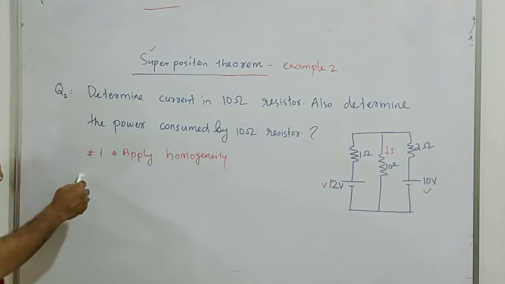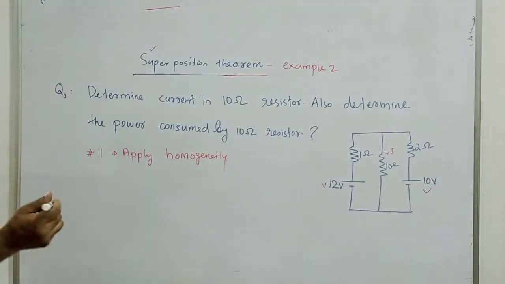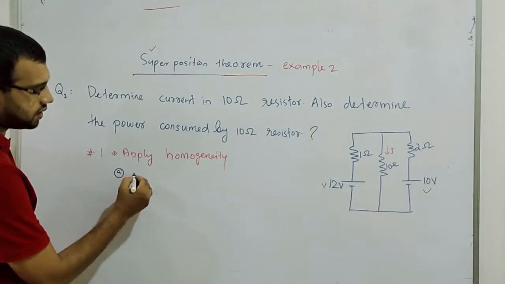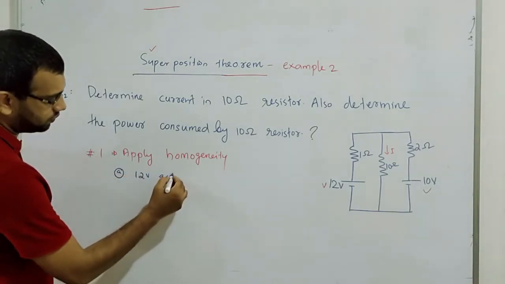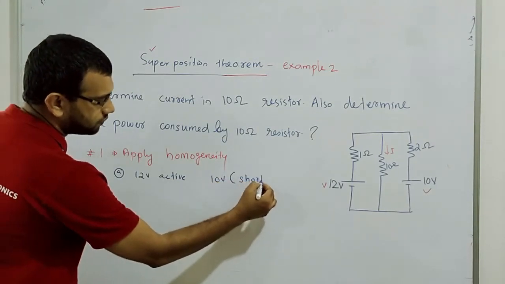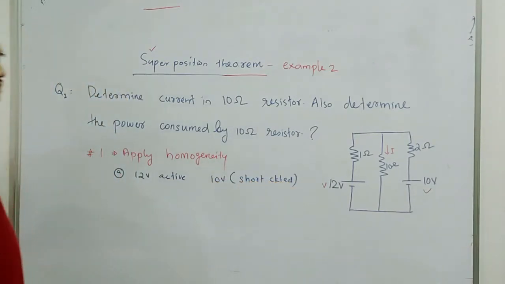So first step is apply homogeneity. Let's consider 12 volt, case A. Let's consider 12 volt active and 10 volt short circuited.